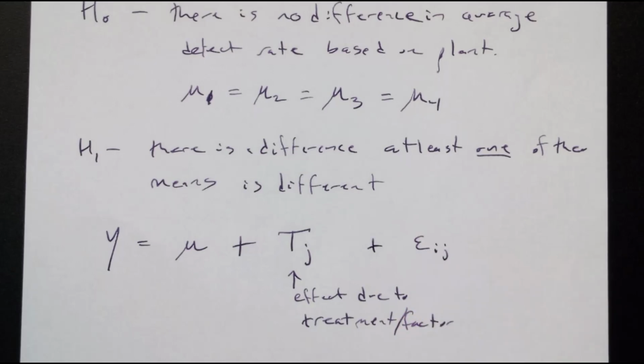Now you'll notice I put some subscripts here. What are these subscripts about? Well, really, I should go back over here and put the I and the J as subscripts over here.